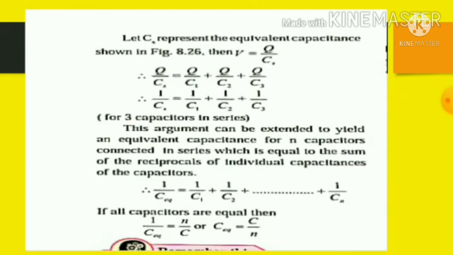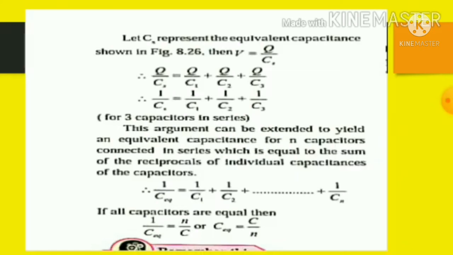So this equation is nothing but 1 upon CS equal to 1 upon C1 plus 1 upon C2 plus 1 upon C3 for three capacitors in series. This is the required equation for three capacitors arranged in a series combination.